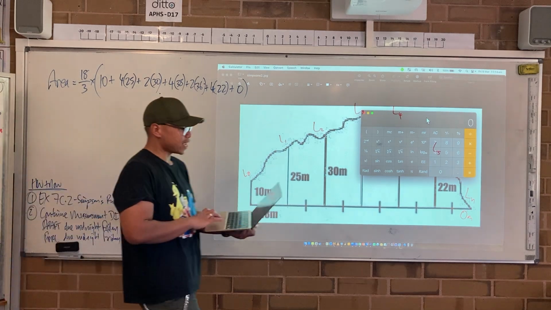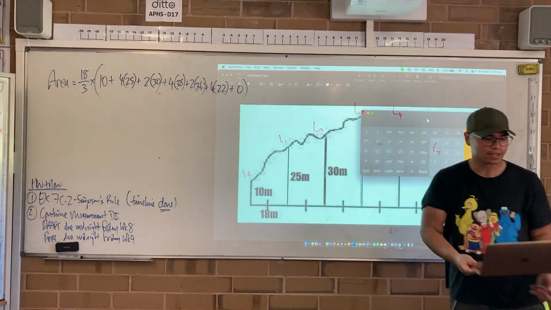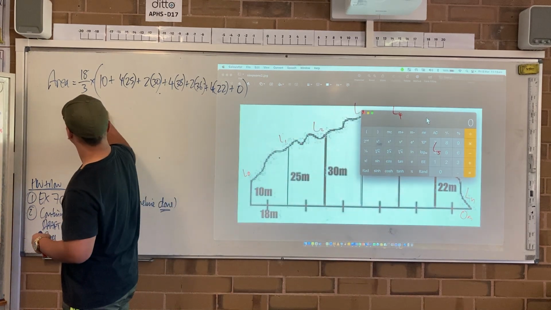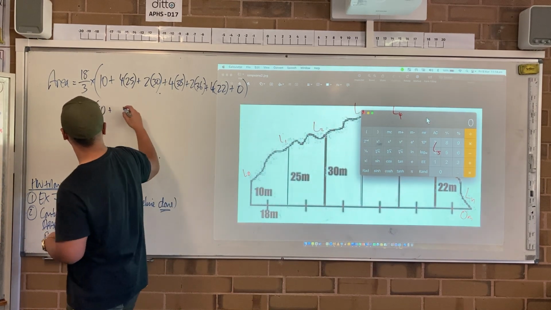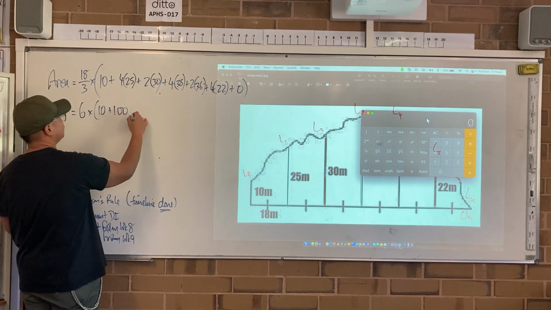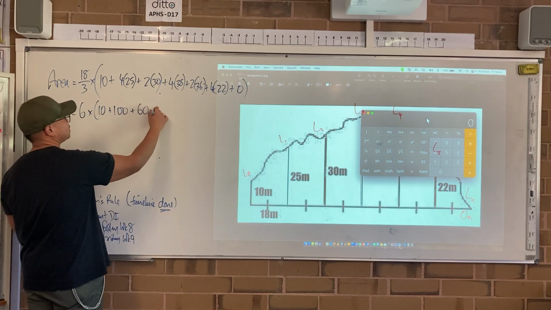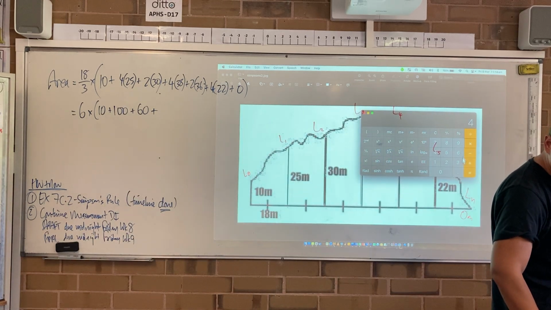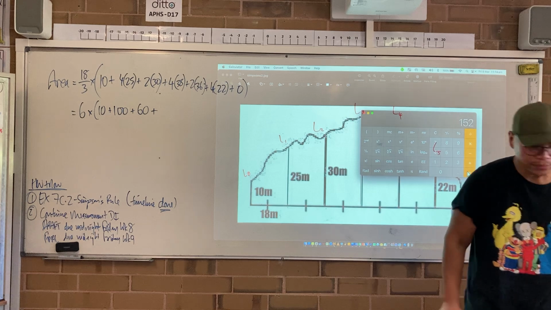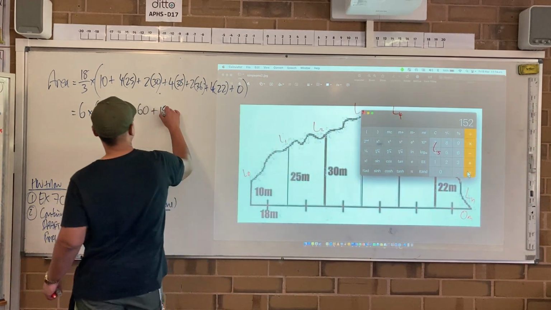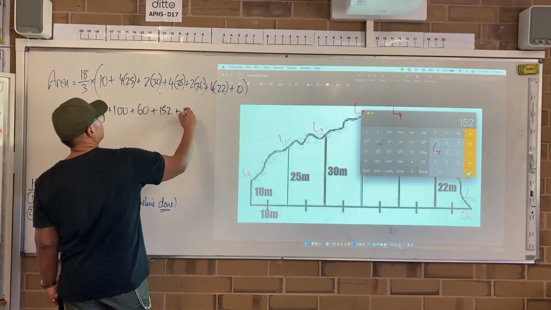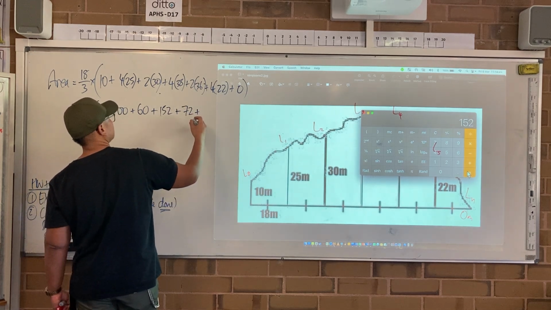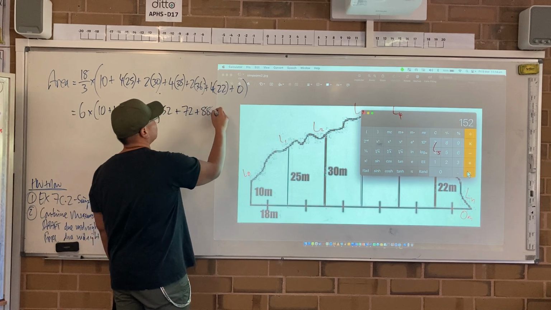Alright, let's actually work out this area. What's 18 divided by 3? It is 6. 6 times by 10, there's no working out to do. 4 times by 25 is 100. 2 times by 30 is 60. I don't know my 38 times 10, so 4 times 38, 152. 2 times 36 is 72. 4 times 22, I think it's 88, plus nothing.